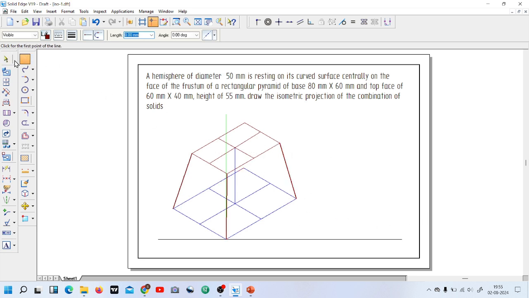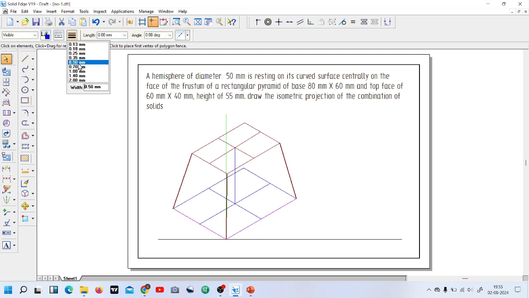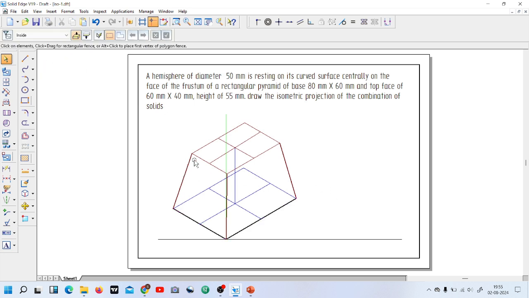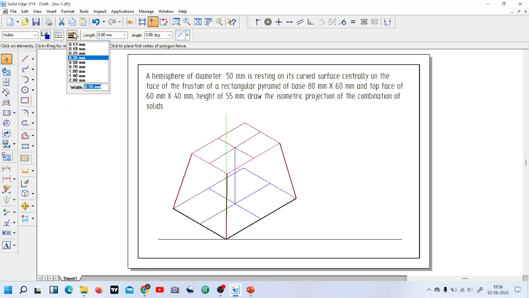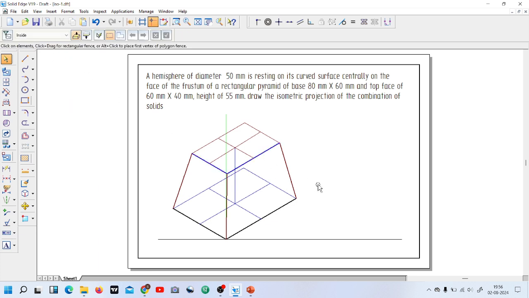Now you can select these edges and make them thicker. Now this completes the frustum of a rectangular pyramid.